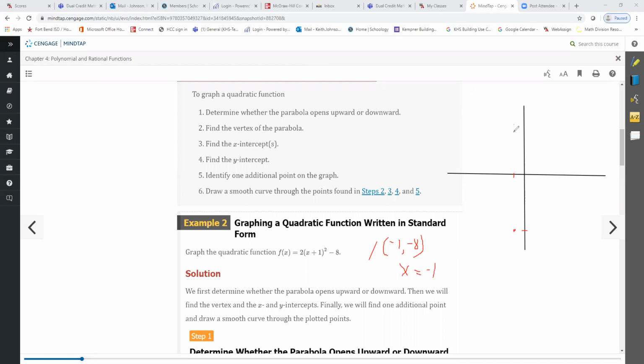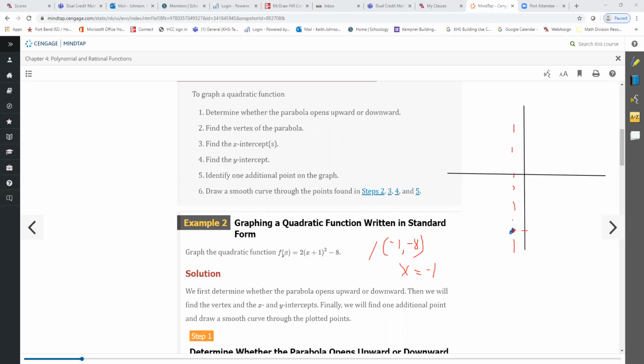Now, why is that important? Because a parabola is symmetric. Okay, so because it's symmetric, we want to be able to deal with some things here. So we have this point. Okay, now what are things I can find? X-intercepts.